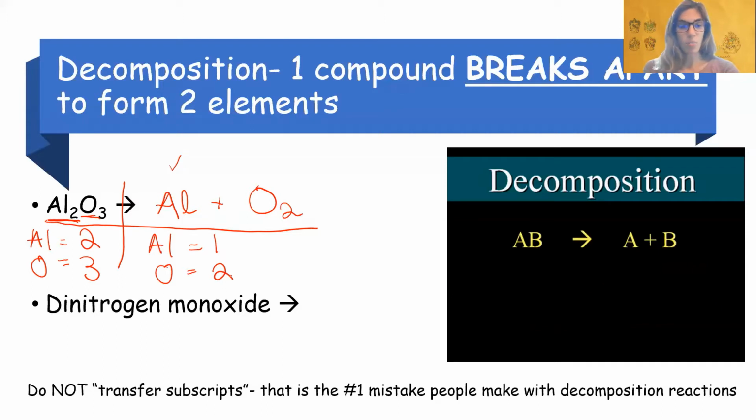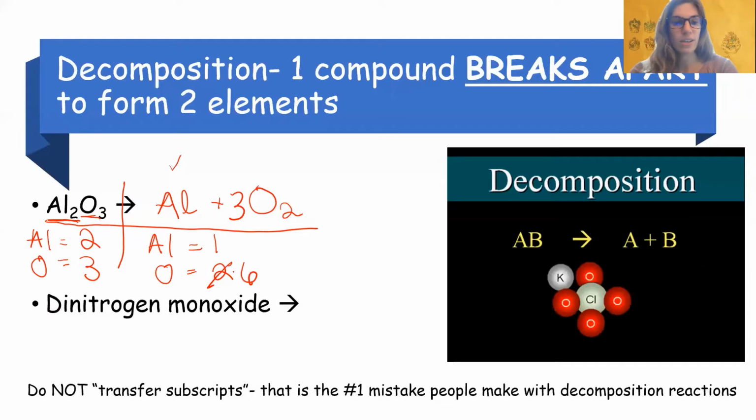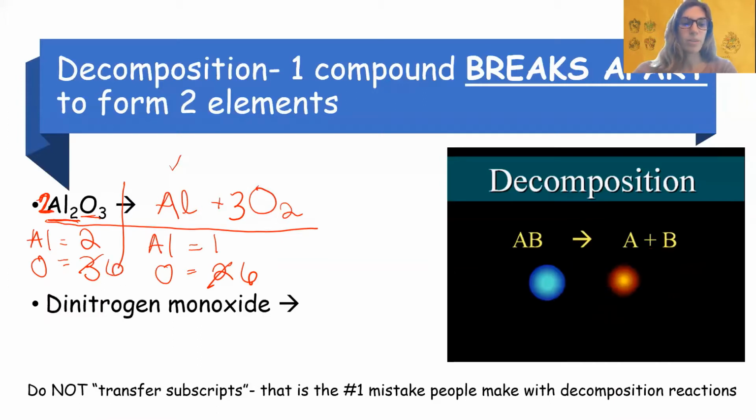If you watched the part 1 video for balancing equations, then you remember that when we're dealing with the 3 and a 2, we have to look for a number that they both have in common, which is 6. So I'm going to turn both of these into 6 by adding the corresponding coefficients. I'm going to add a 3 coefficient here to get 6 on the right, and I'm going to add a 2 coefficient on the left to get 6.